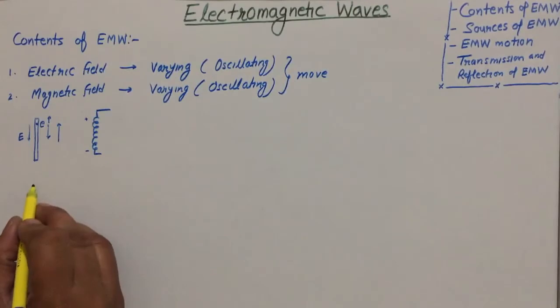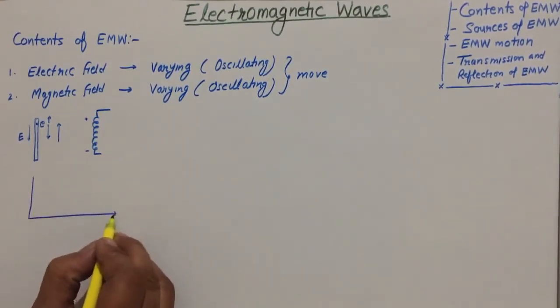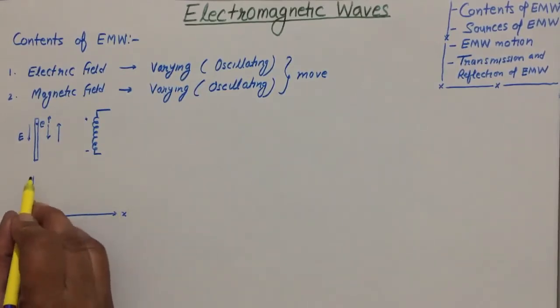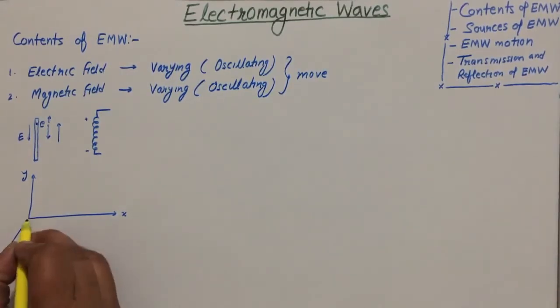For example, it is x direction, it is y, and it is z direction. And here the electric field is 0.